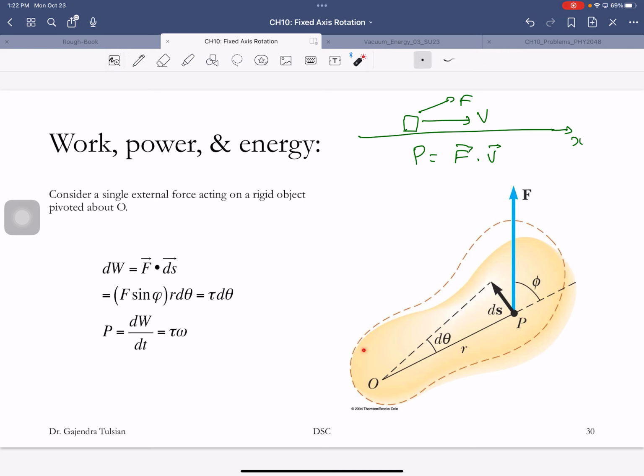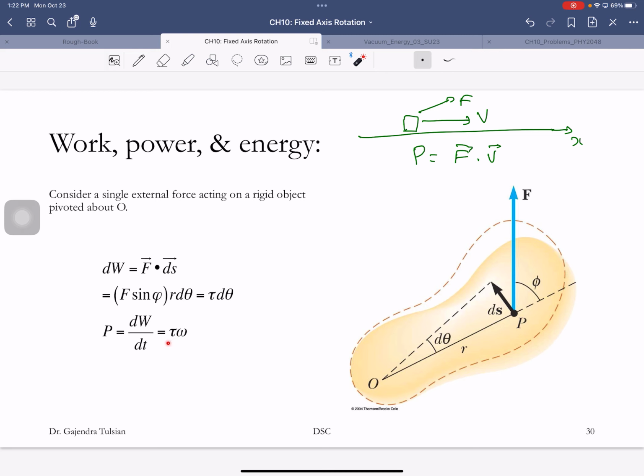Similarly, if something is rotating, so for instance, I showed you that wheel, and I kept pushing on the rim of the wheel. If you keep applying force, the power, the rate at which you're working, is the torque times omega.